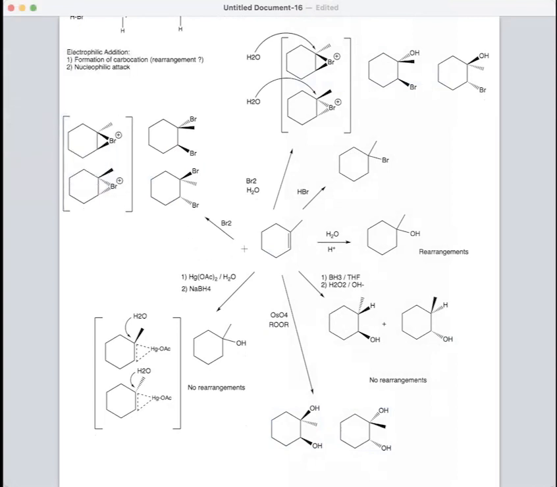We also talked about ozonolysis. Ozonolysis is a way of breaking a double bond to make a carbonyl compound.